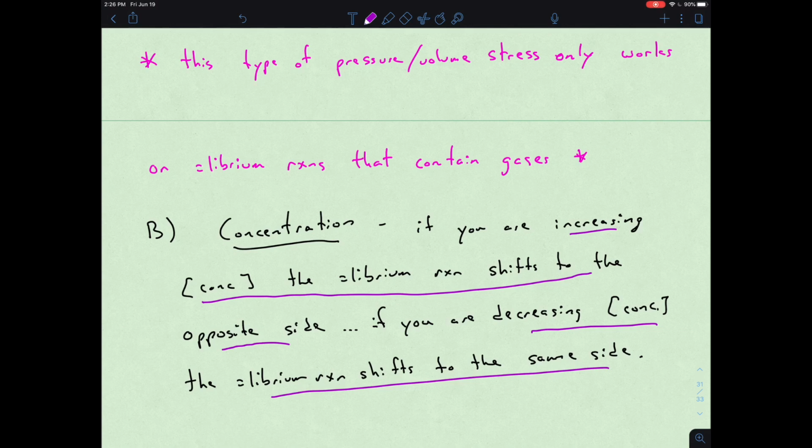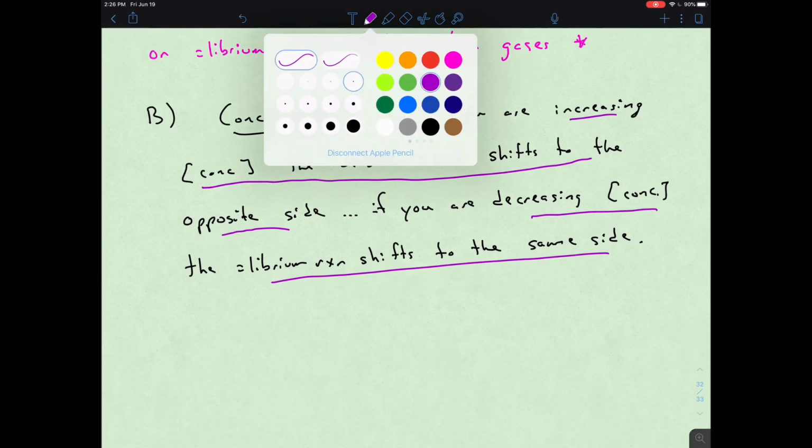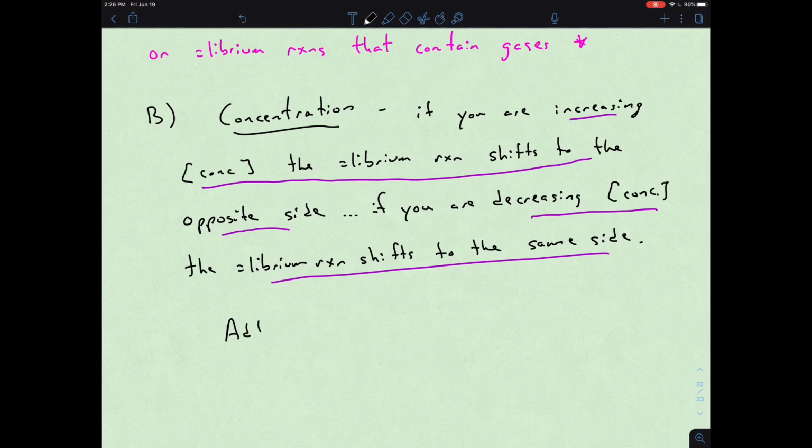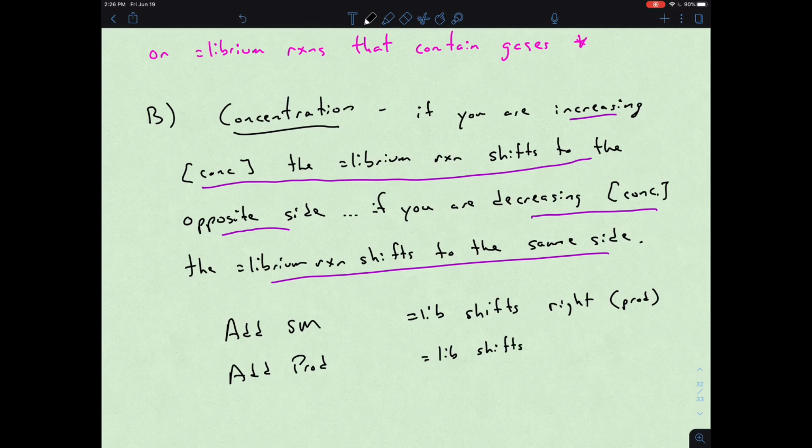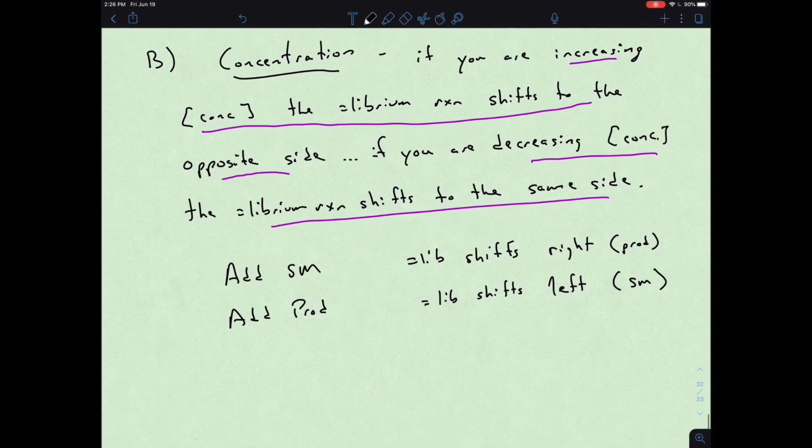So we could break it down in terms of simple addition. So if we add starting material, equilibrium shifts, right, towards the product. If we decided to add product, well, then the equilibrium shifts left, or towards our starting material.